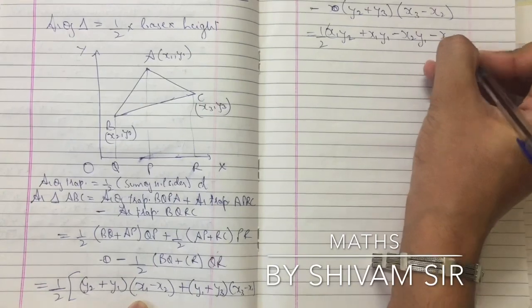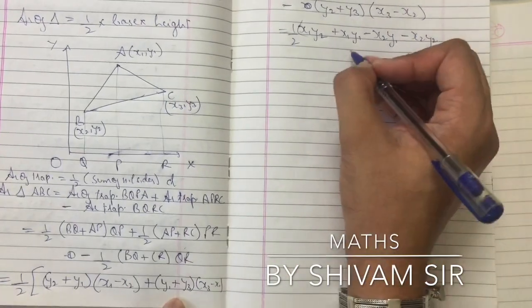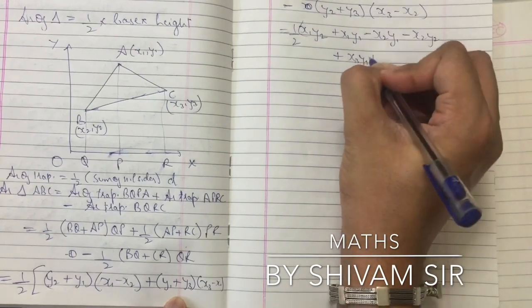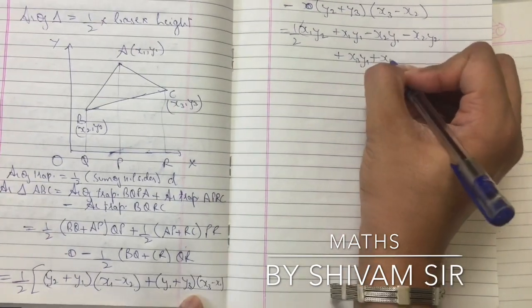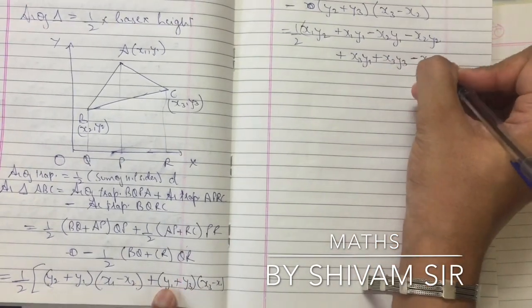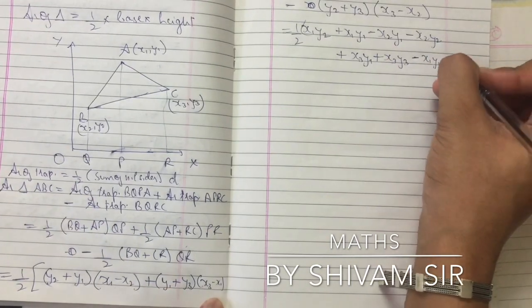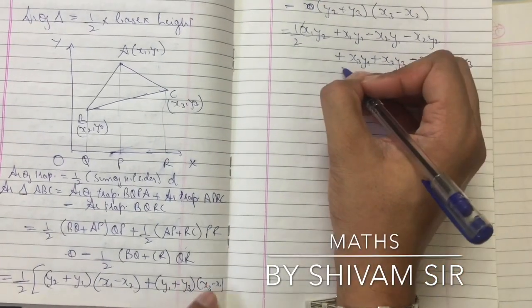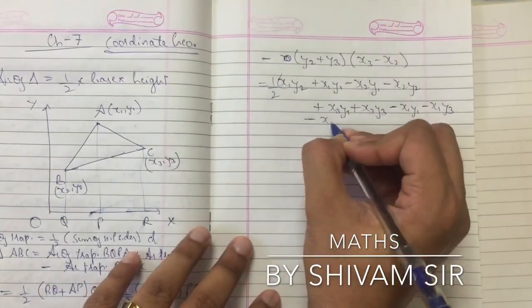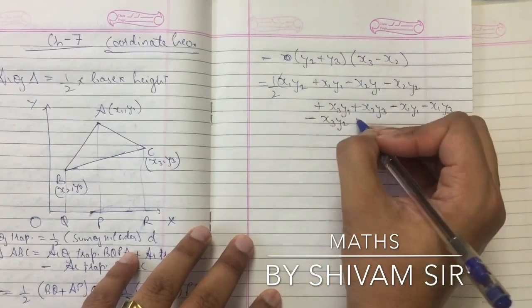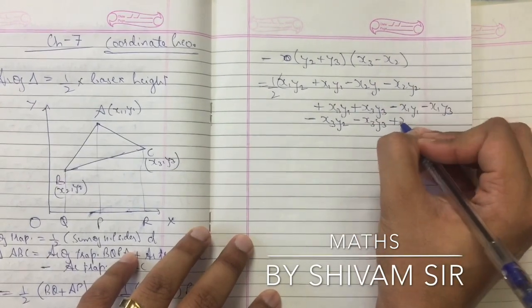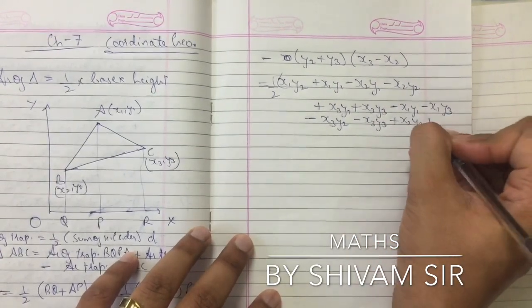Minus x2 y2, again plus x3 y1, plus x3 y3, minus x1 y1, minus x1 y3, minus x3 y2, minus x3 y3, plus x2 y2, plus x2 y3.